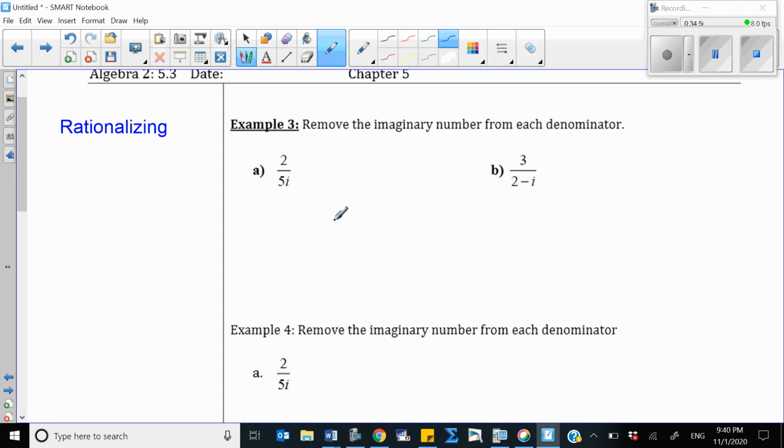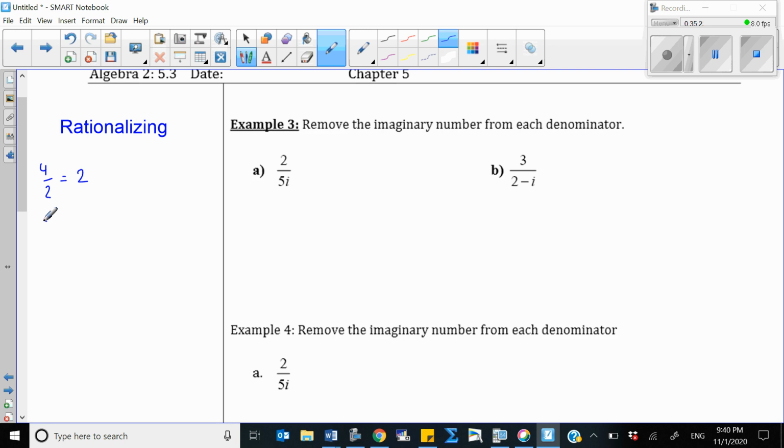Okay, in the next part of our lesson, we're going to learn how to remove the imaginary number from each denominator. First of all, this is called rationalizing. And then we want to know why we would want to remove the imaginary number from each denominator. Let me give you an example. When I give you 4 divided by 2, like this fraction, 4 over 2, it's easy to simplify this, yes? 4 divided by 2 is 2, easy.